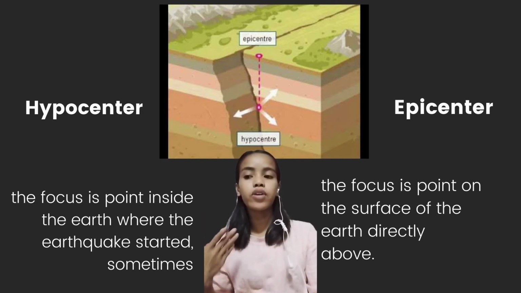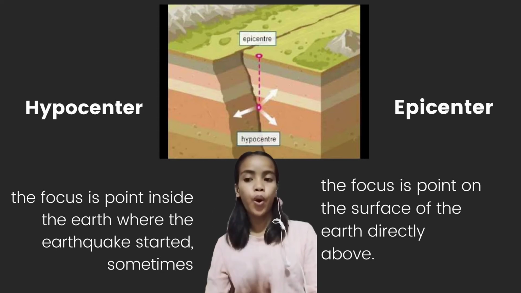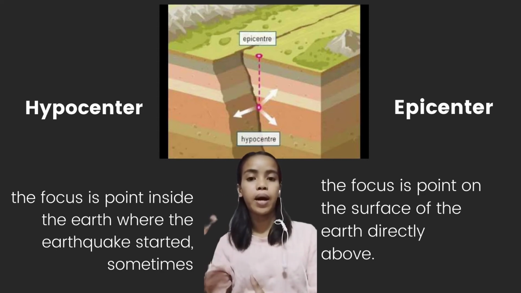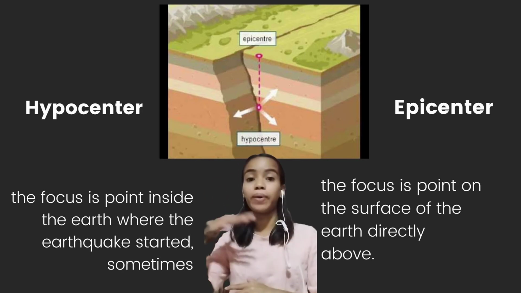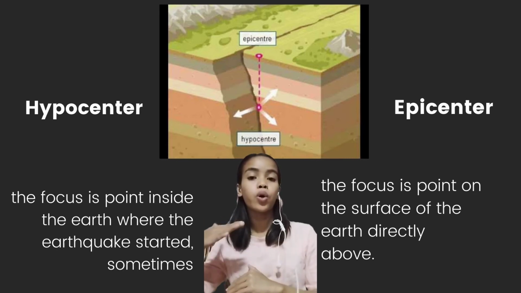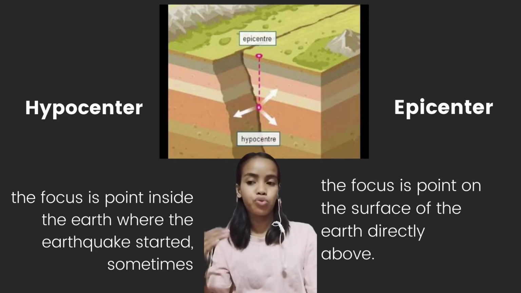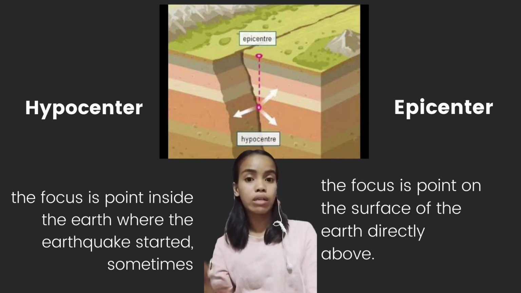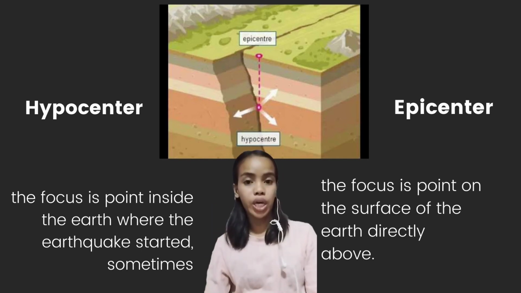And then we also have the epicenter. The epicenter is the focus point on the surface of the earth directly above. So here is the hypocenter, and above it, where the people walk, that's what we call the epicenter. That is also where the earthquake begins. Okay, so those are the focus points of earthquakes.